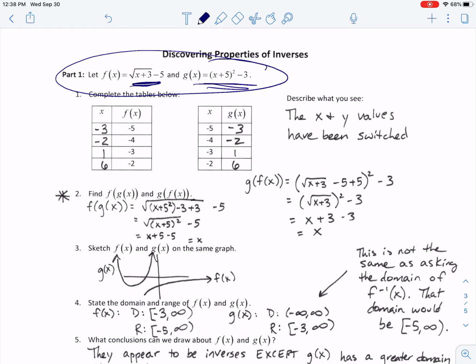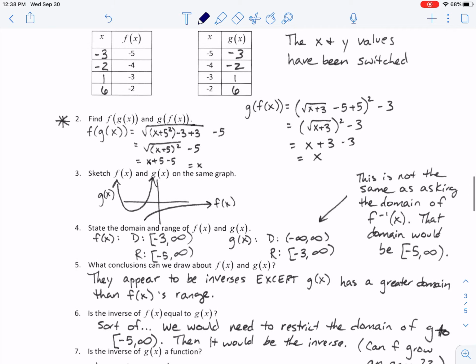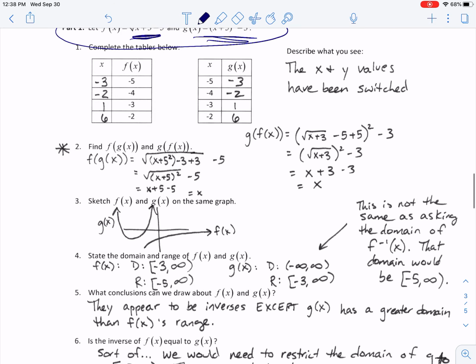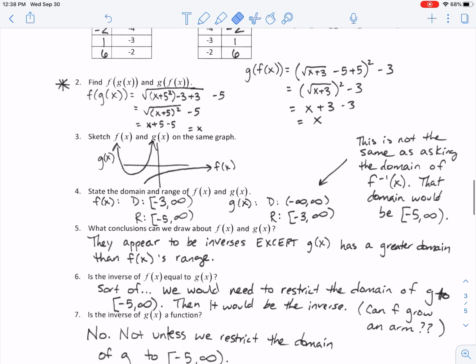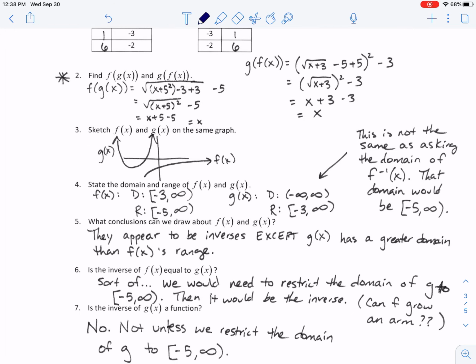So the domain of g of x is going to be all reals, from negative infinity to positive infinity. Those two stood alone, everything is great and wonderful. But if they had said, what is the domain of the inverse of f? Now, the domain of the inverse of f is going to be the range of f.